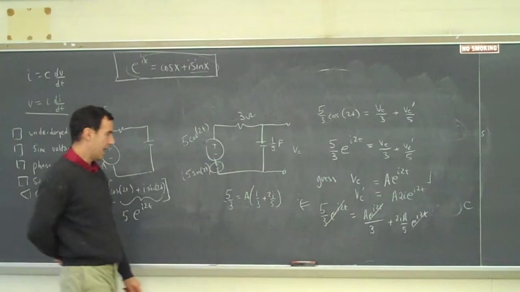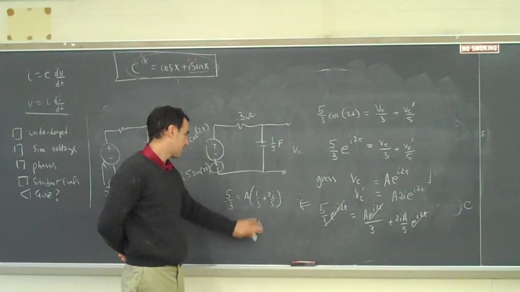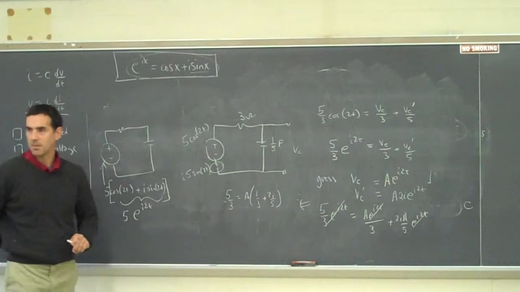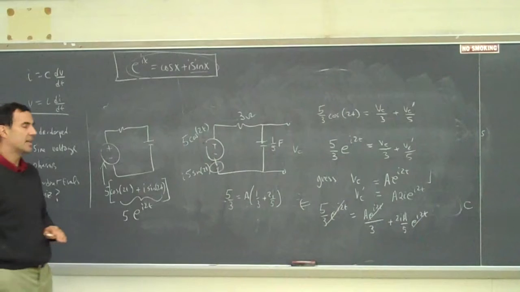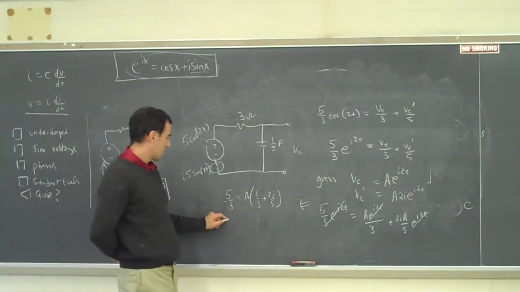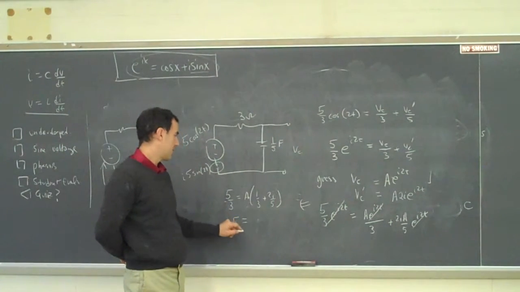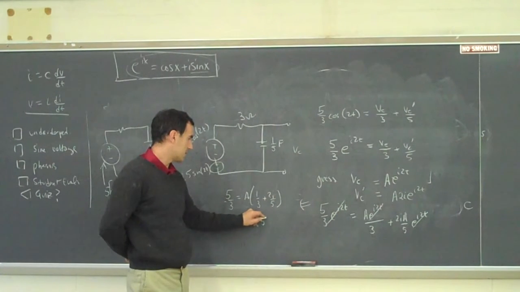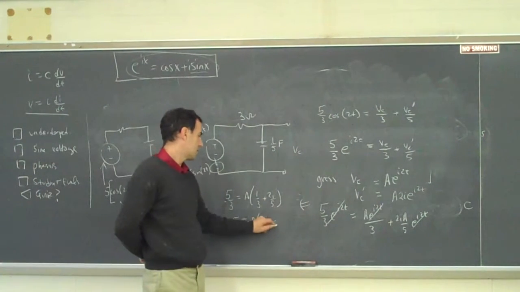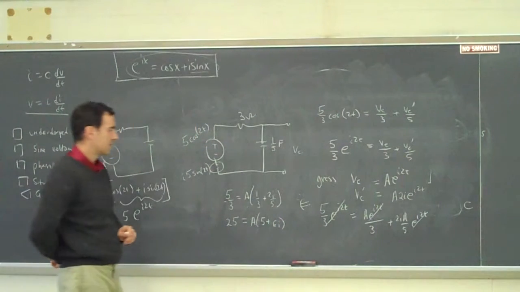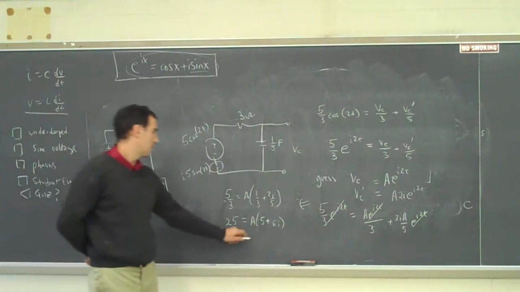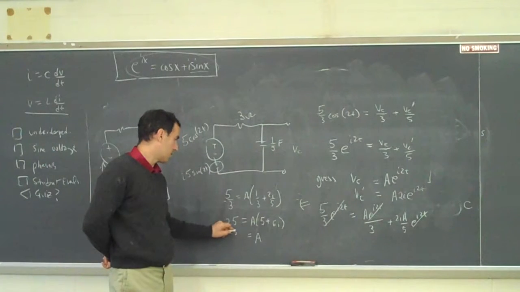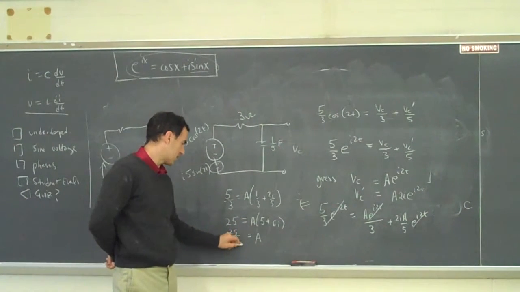I want to solve for a. Maybe at this point I will clear the fractions. It might make our life a little bit easier. To clear all those fractions, I'll multiply everybody by 15. So this gives me 25 equals a times 5 plus 6I. To solve for a, we should do 25 divided by 5 plus 6I.